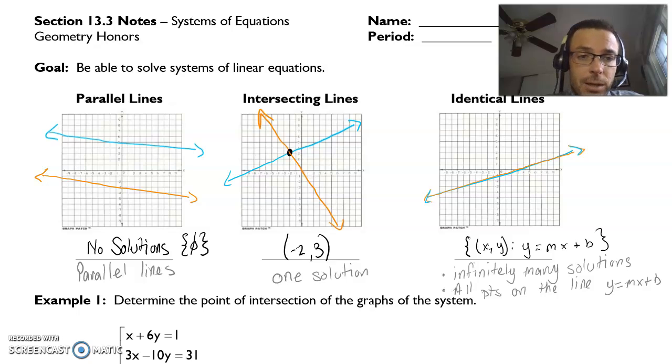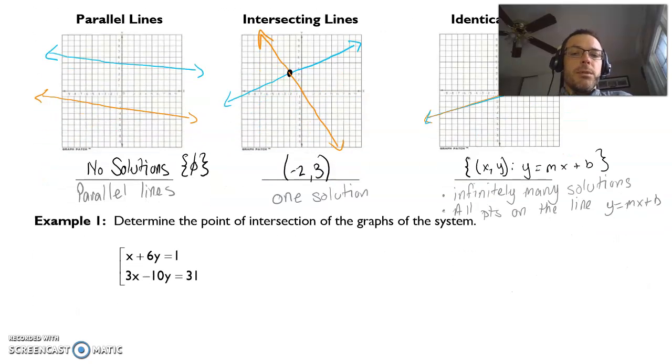If both equations graph the exact same line, or there is only one line, then there are infinitely many solutions, or all points on that line are solutions, and we would state it using set builder notation this way. The set of all ordered pairs x and y such that it meets this equation. That's the way to state that it's infinitely many solutions using set builder notation.